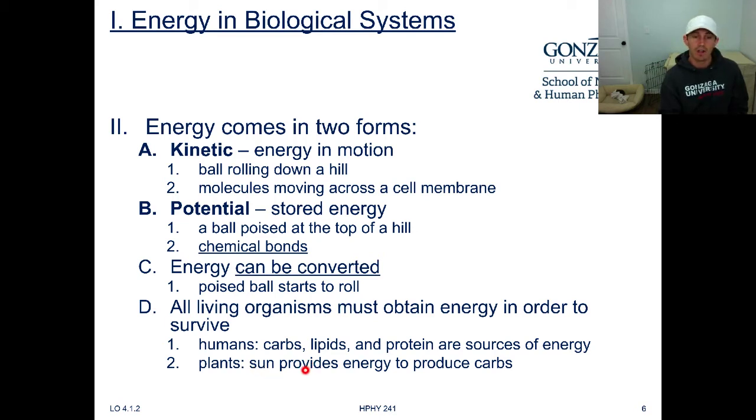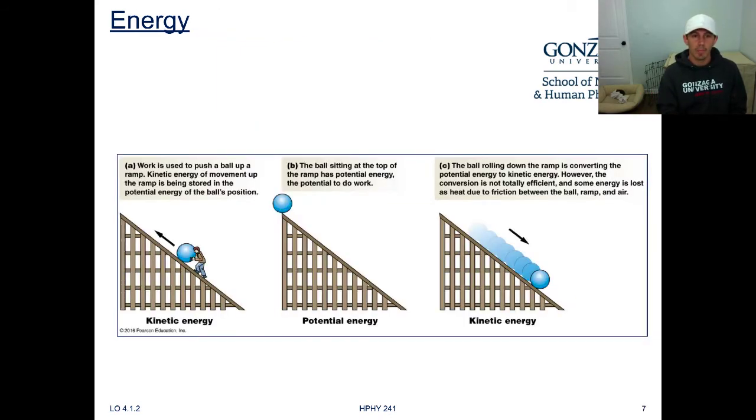Plants use the energy the sun provides in order to make glucose or carbohydrates, which is their source of energy. Okay? So here's just a diagram illustrating that concept of kinetic and potential energy and how the energy can be converted from one form to another. I feel like this is pretty straightforward.